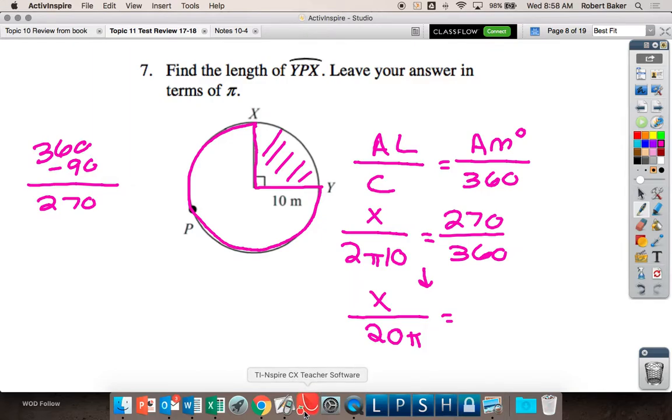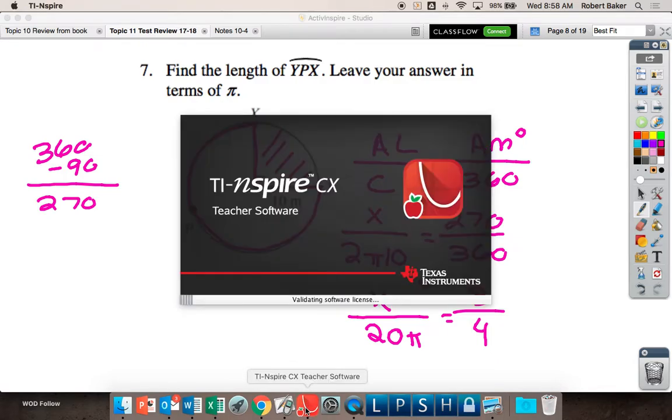So, I just type in the fraction 270 over 360. When you type in your calculator, it should return the fraction 3 over 4. I'll show you what it looks like.